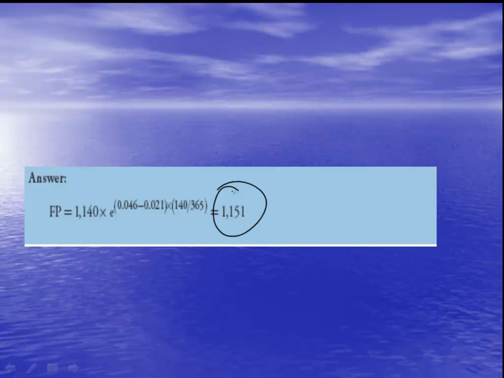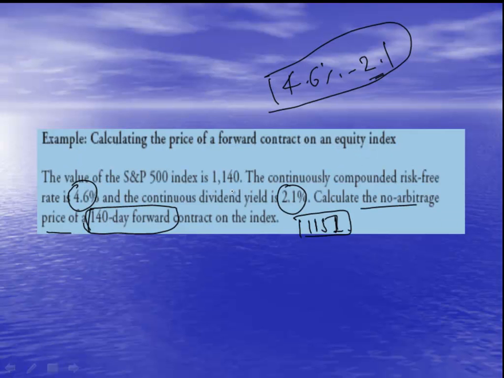If I compound it by 4.6% for 140 days, that means the 2.1% dividend yield is for 365 days. I calculated 2.1% on the 1140, which is the spot price.